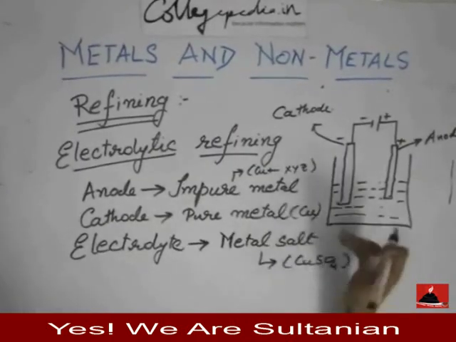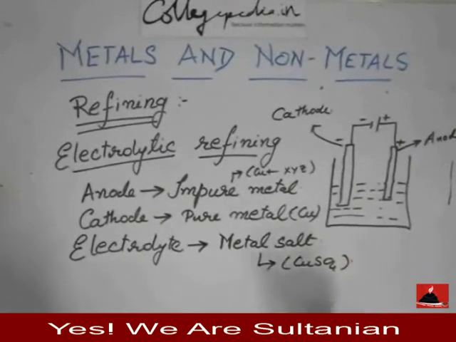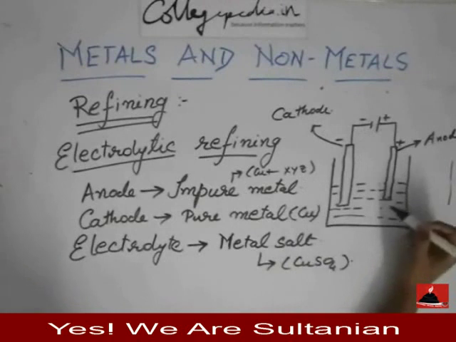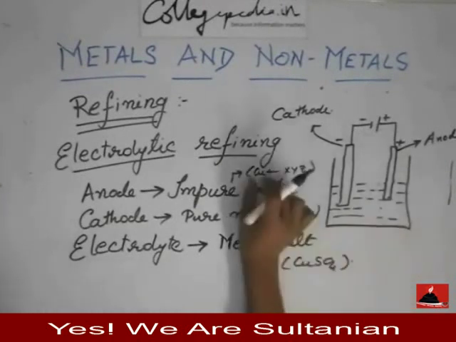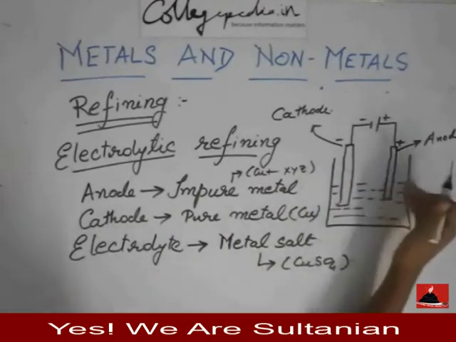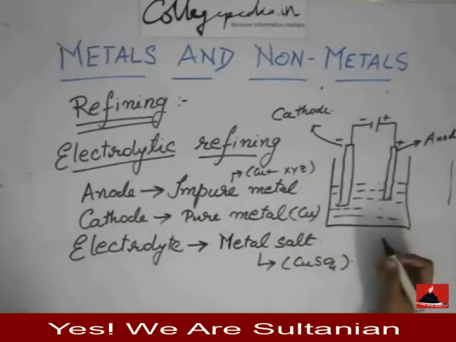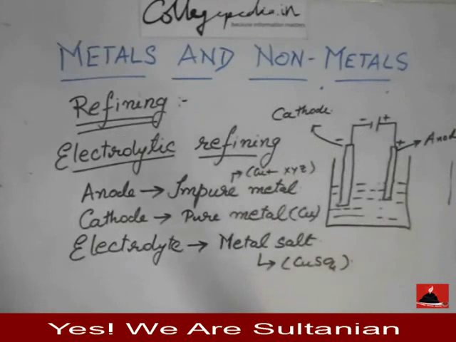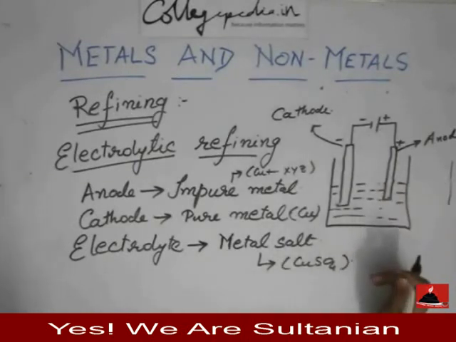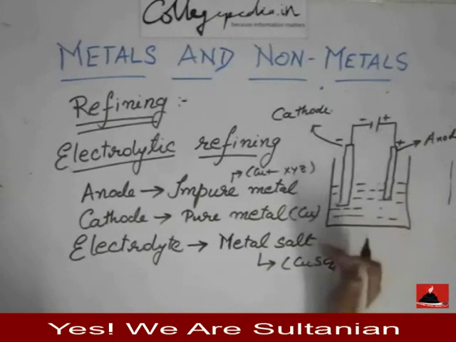So what happens in this is that the anode gets positively charged, and the anode is basically copper and these impurities. So when it gets positively charged, the copper dissolves into the solution, and with it the impurities also go into the solution.